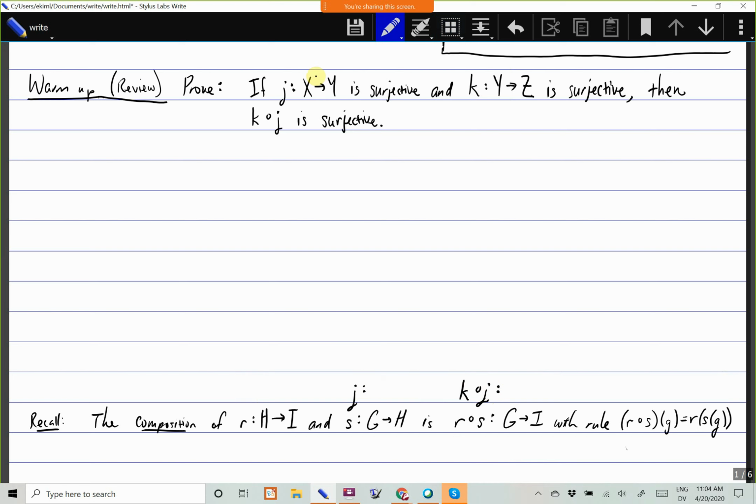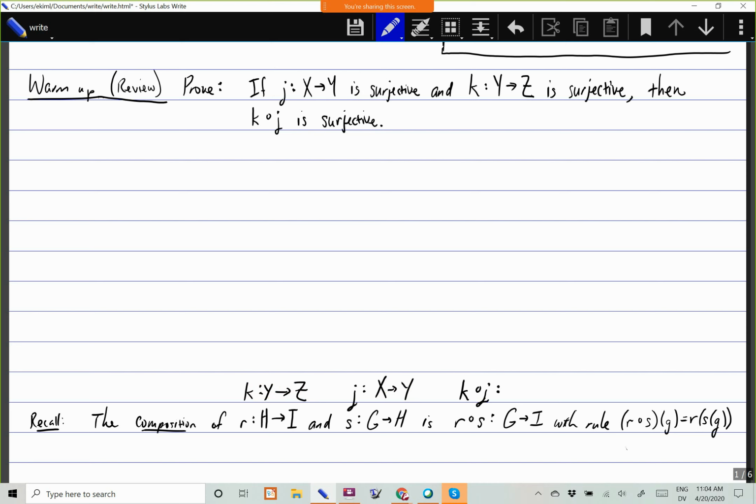Since we were told up here that j is from X to Y, I hope you're seeing what I'm trying to do is indicate that we got to plug in a capital X every time we see a capital G and plug in a capital Y every time we see a capital H. So I can already go ahead and plug in the Y where the capital H is. And if this works out, then k, the other function, oh yeah, domain there, codomain of Z that's up here should go in this spot.